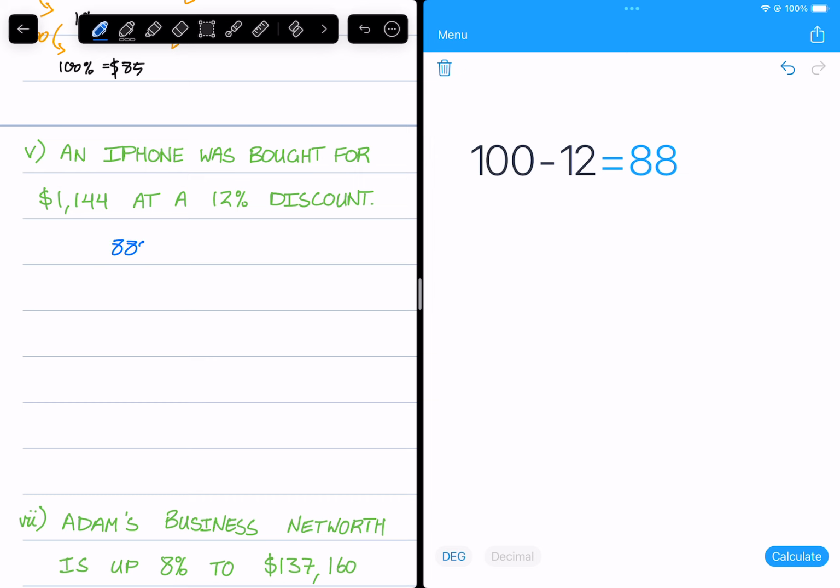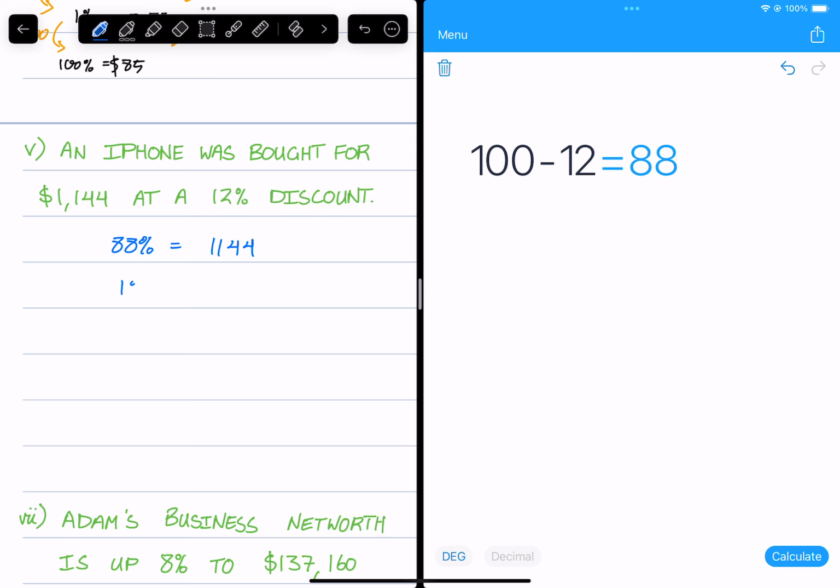So 88% is this amount. And so now we just do the unitary method. We find 1%, and again we do that by dividing by 88. And so we divide the right hand side as well by 88.